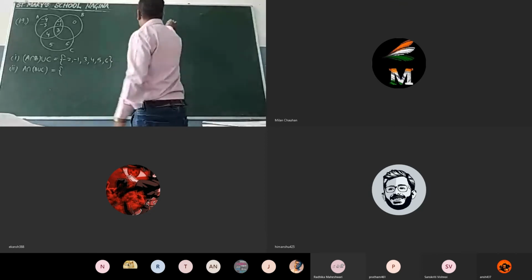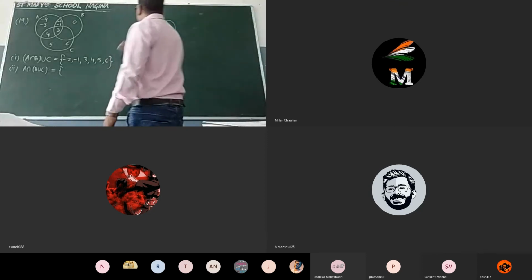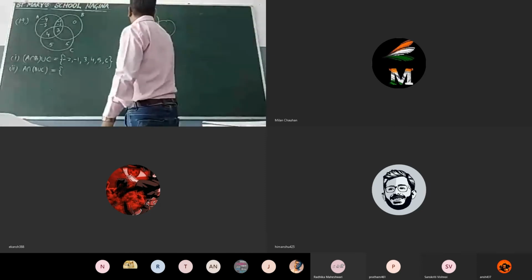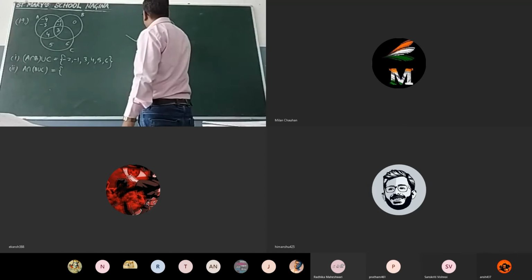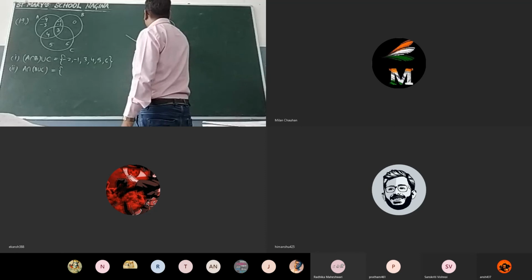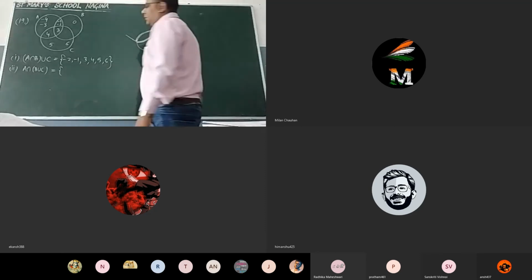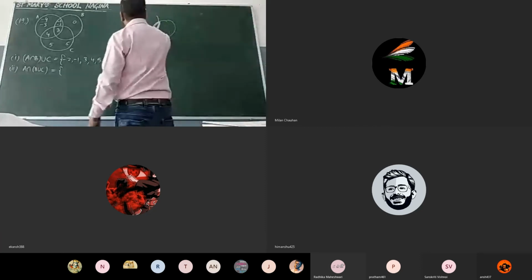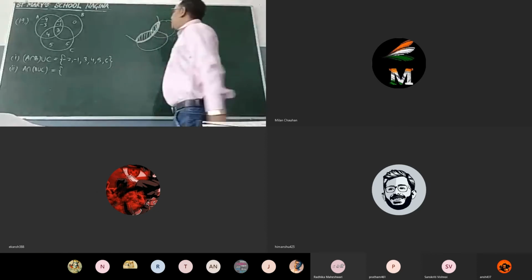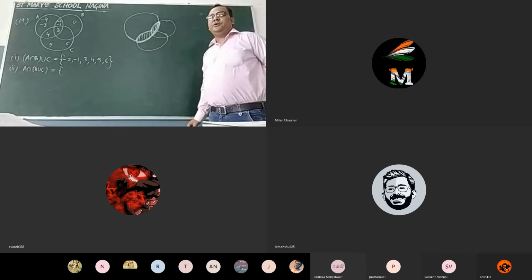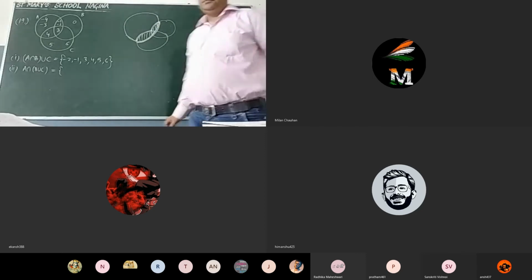You can see these two circles are B union C. And the portion like this, this portion which I am marking, this figure represents A intersection B union C. Is it or not?